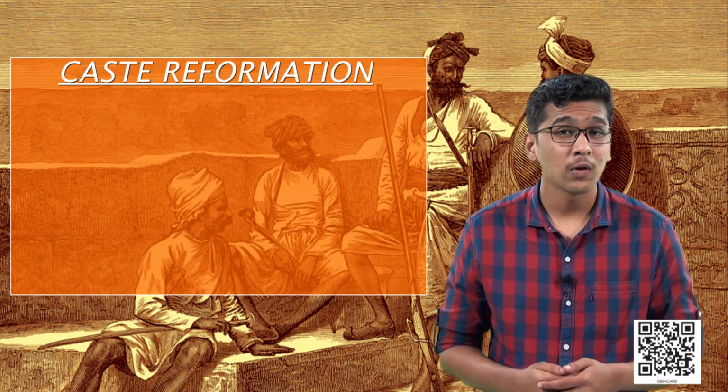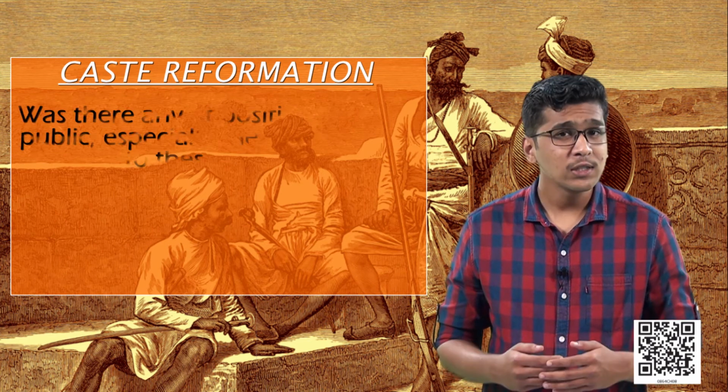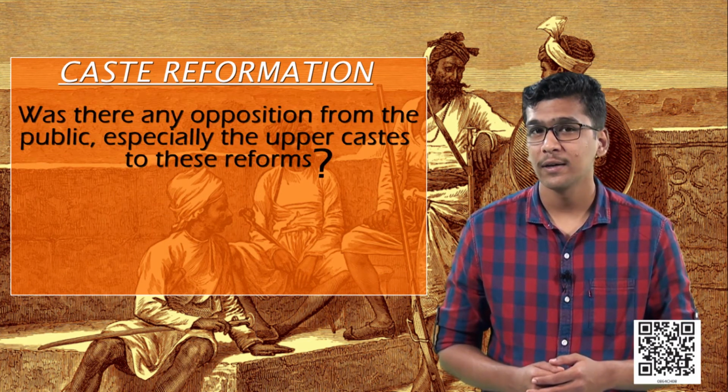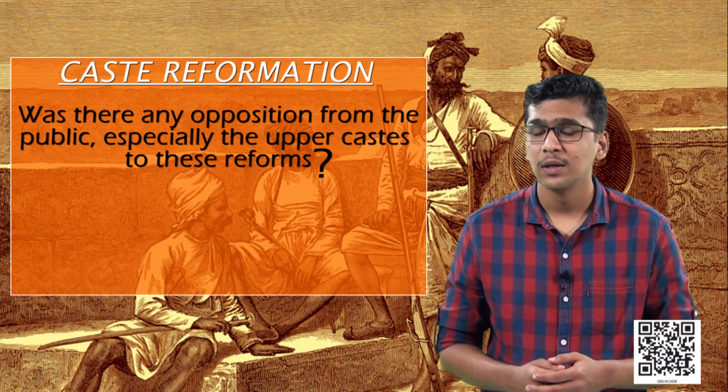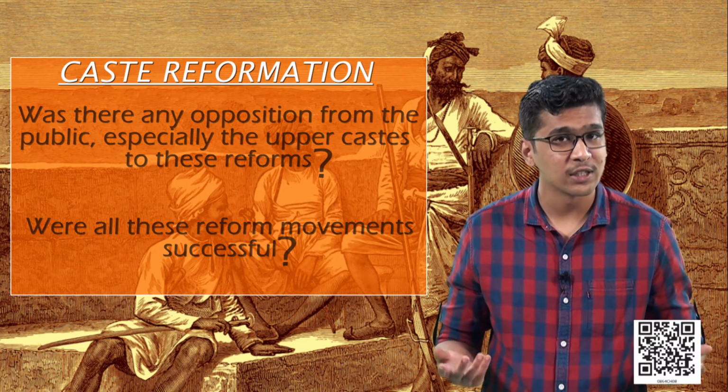After learning about all these reforms and reformers, you may ask, wasn't there any opposition from the public, especially the upper castes? Were all these movements successful? Yes, there was stiff opposition by the upper castes to these social reformations.